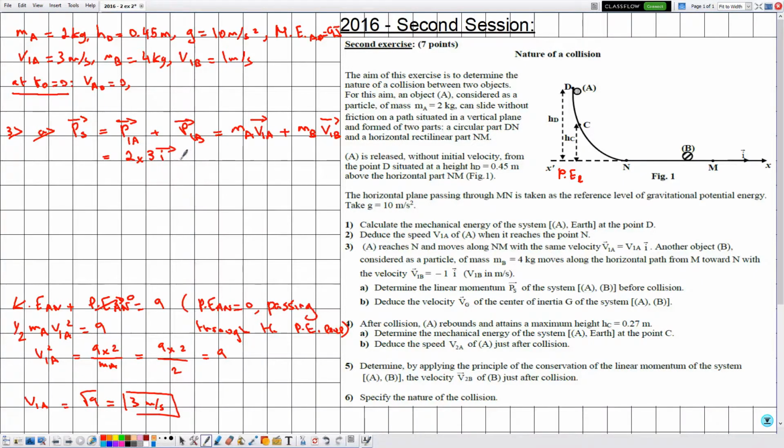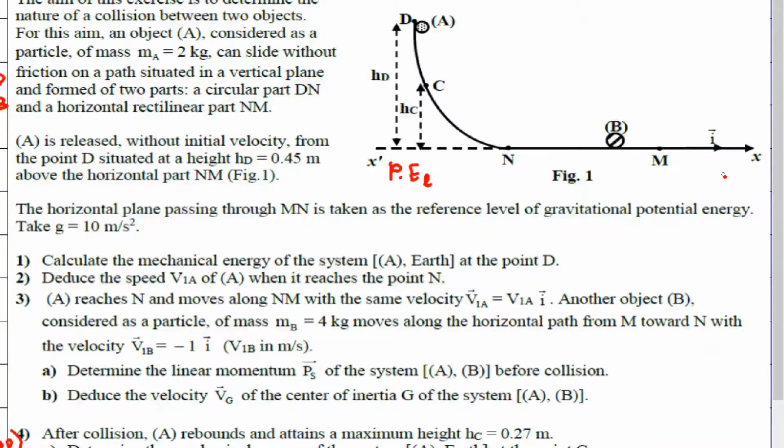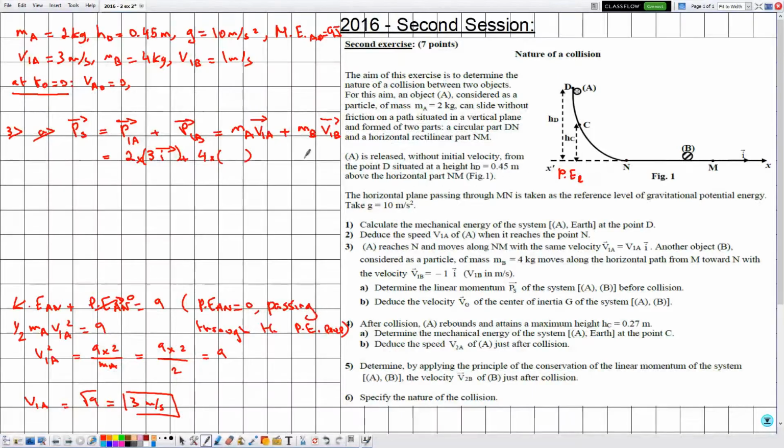Now regarding the linear momentum of B, its mass is given by 4, and as for its velocity, its magnitude is given by 1, but it's moving in the negative direction from M to N, so it gains a minus sign, so this is minus 1i. So this is equal to 6i minus 4i, which is equal to 2i.